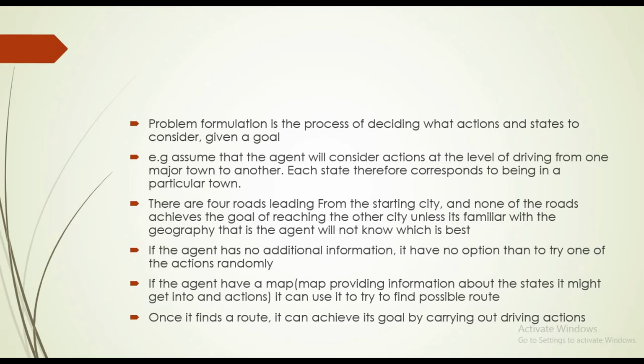So if the agent has a map, the map will be providing the information about the states it might get into with its actions. It can use it to try and find a possible route. Once it finds a route, it can achieve its goal by carrying out the driving action.